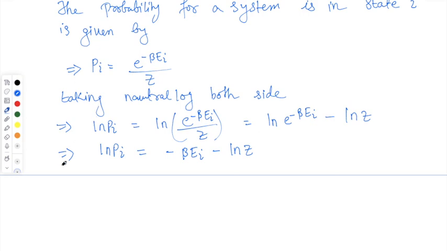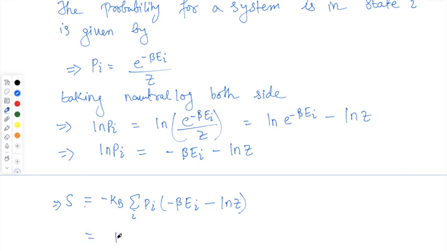Now put this in equation 4. S equals minus kB summation over i of Pi times (minus beta Ei minus ln Z).